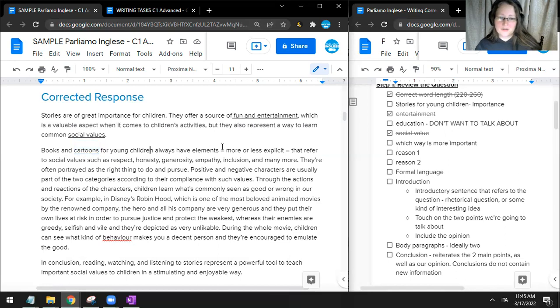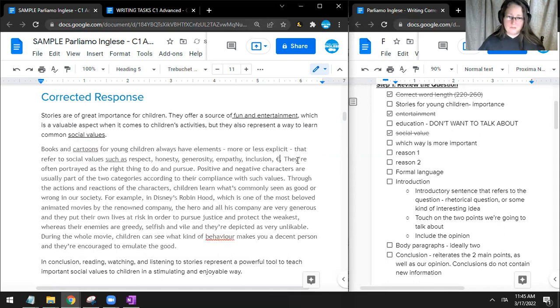So books and cartoons for young children always have elements more or less explicit that refer to social values such as respect, honesty, generosity, empathy, inclusion, and many more. So just off the bat here, we have a "such as". When we say such as, we know that it's going to be a list of examples following that.